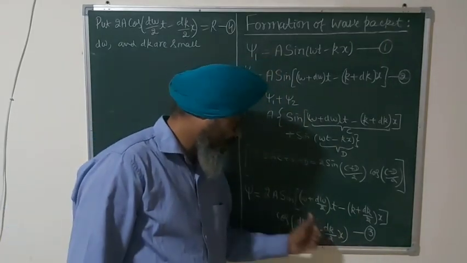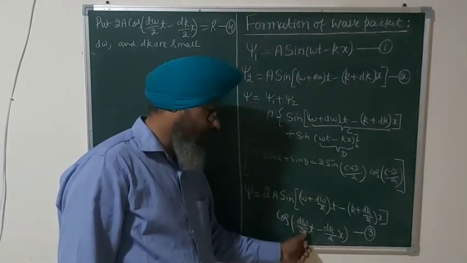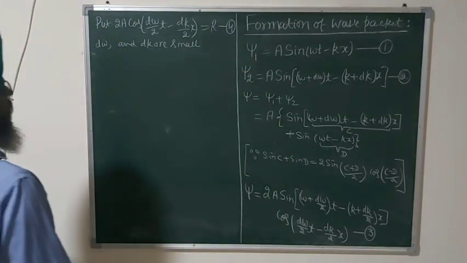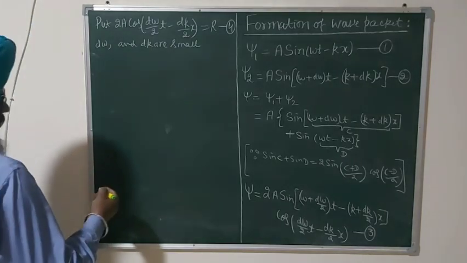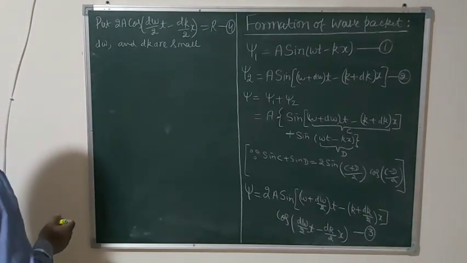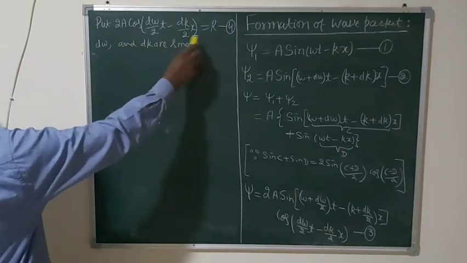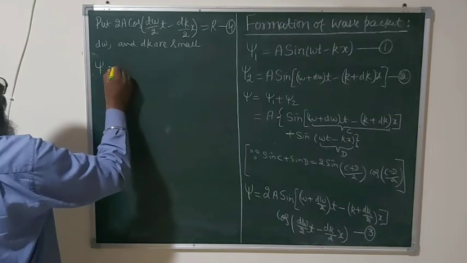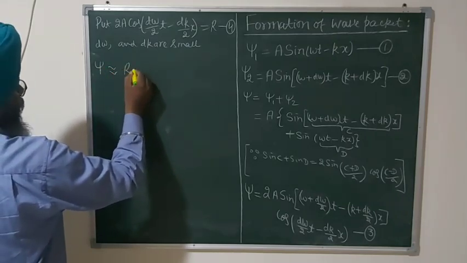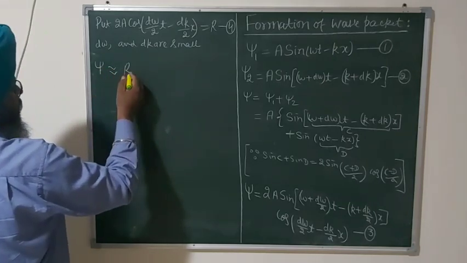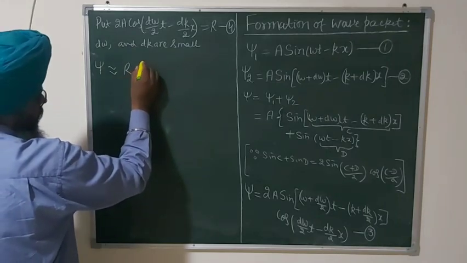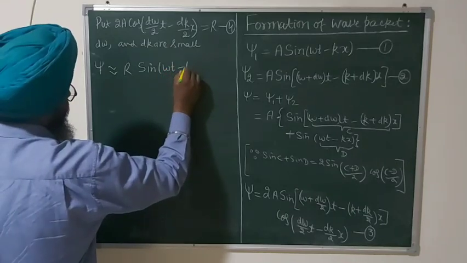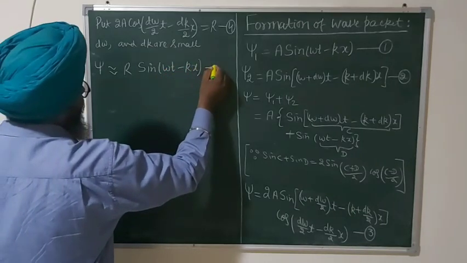Here in the cosine they cannot be neglected, because they are not present along with omega and k. So with this approximation, and using the value of this quantity equal to r, equation 3 can be approximately written as psi approximately equal to r sine of omega t minus kx.